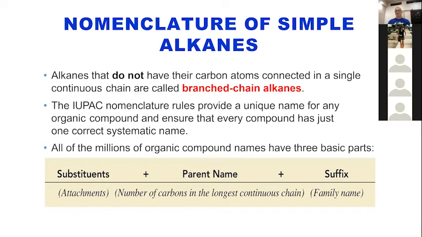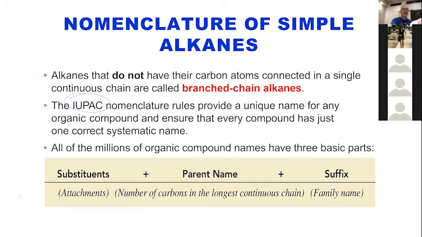So how do we name these things? IUPAC, I'll sort of mention that. It stands for the International Union of Pure and Applied Chemistry. So basically all chemists, those working in the lab or those just doing calculations, have come up with a naming system.